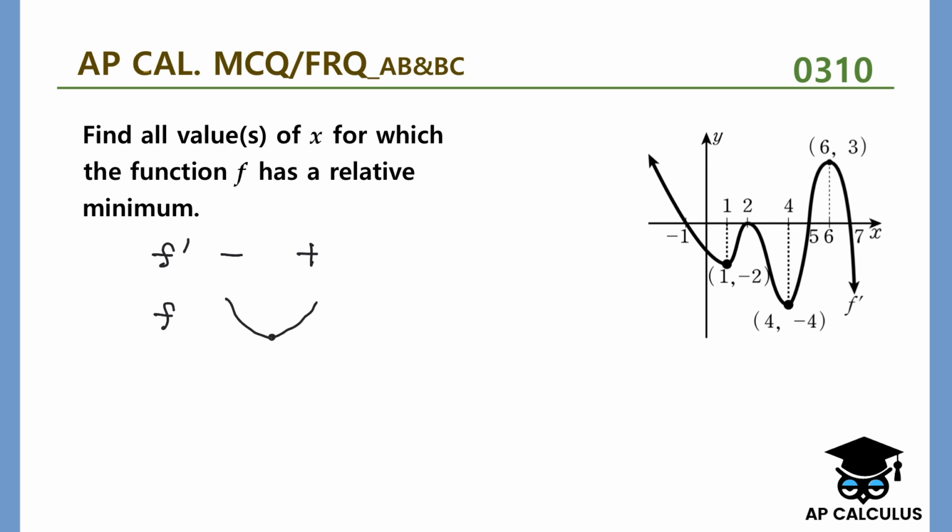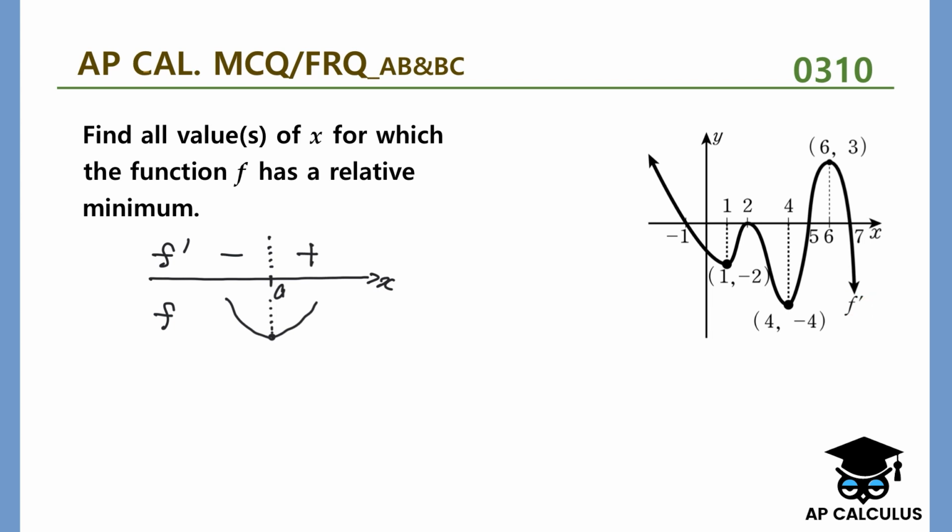So if we draw the number line right here, let's say this is a critical point a, and we will have a relative minimum at x equals a, right? Okay, so we have to look for x where f prime changes its sign from negative to positive. Here we have f prime.